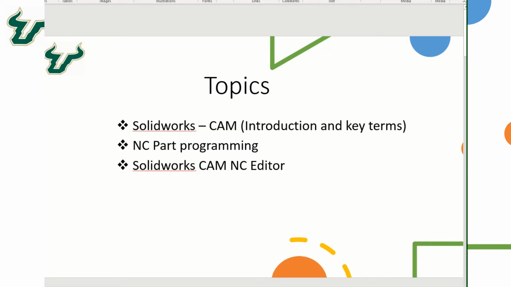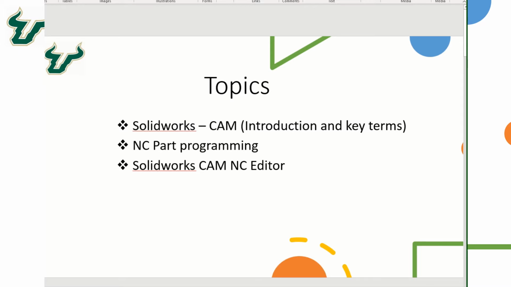So the topics that we are going to be looking at this week are getting started with the SolidWorks CAM, the introduction and some of the key terms. Then we will go over the numerical control part programming, where we will look at the G codes and the M codes for the CNC machines.